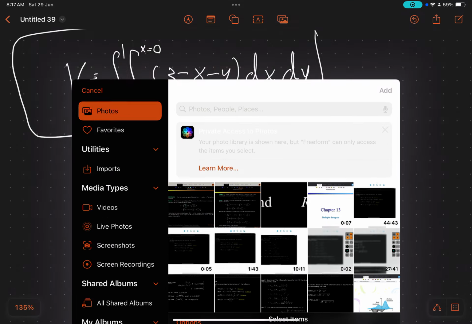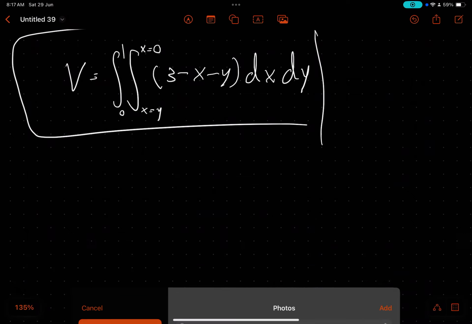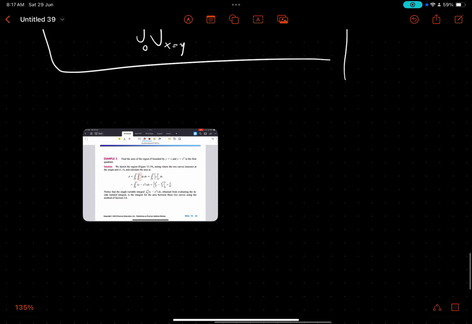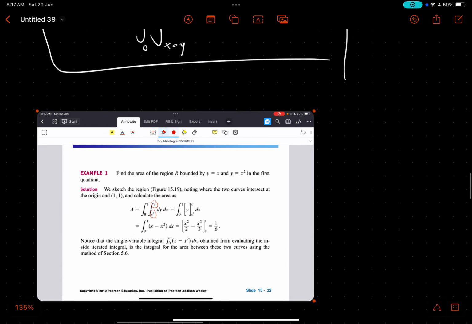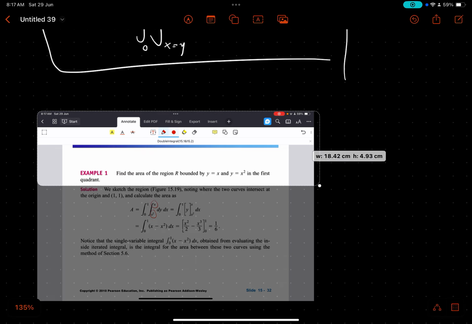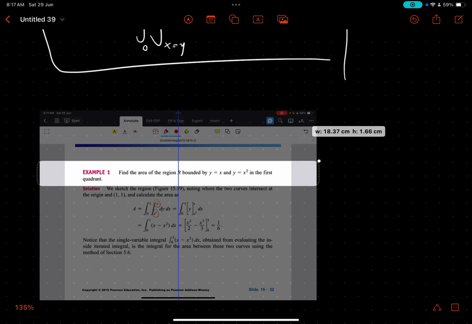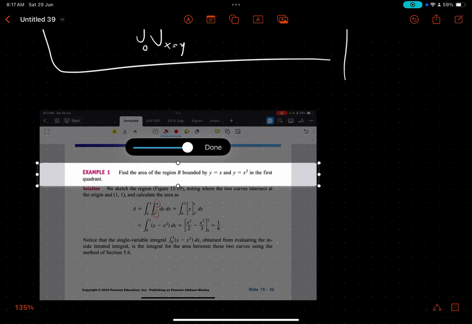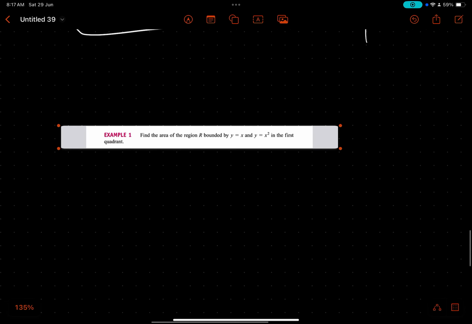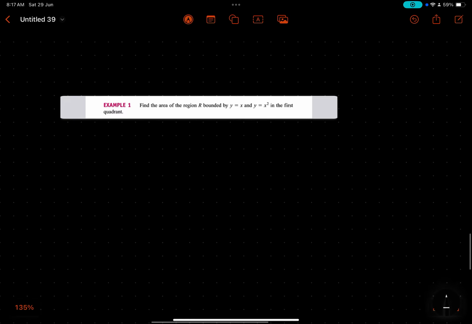Okay, so if you can go here and solve this. Okay, so he wants us to find the area of the region.